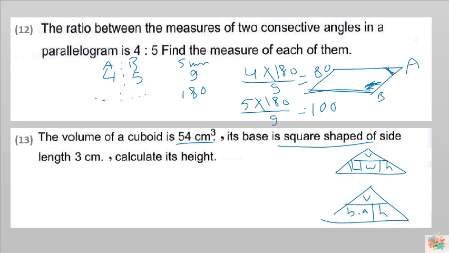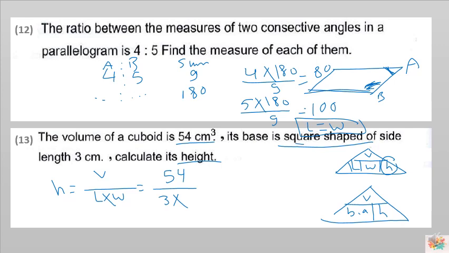What does square shape mean, Mr.? It means the length and width are equal, so the number you write for the length is the same number you write for the width. Calculate its height. The height equals volume over length times width, or length times length. So volume is 54 and length 3. Where is the width? We said that length and width are equal because it is a square shape. So we'll do 3 by 3. So 54 over 3 by 3, that's 9 into 54, so it will be 6 centimeters.